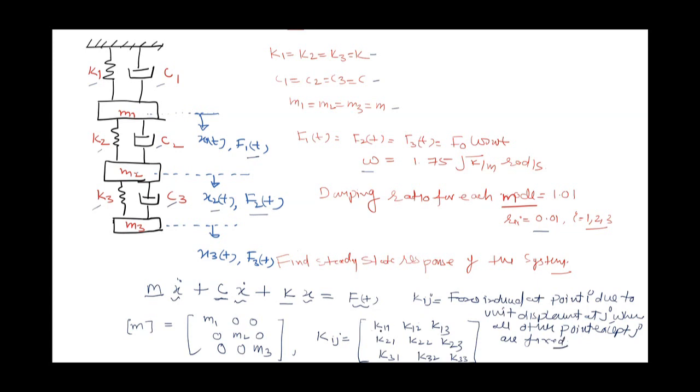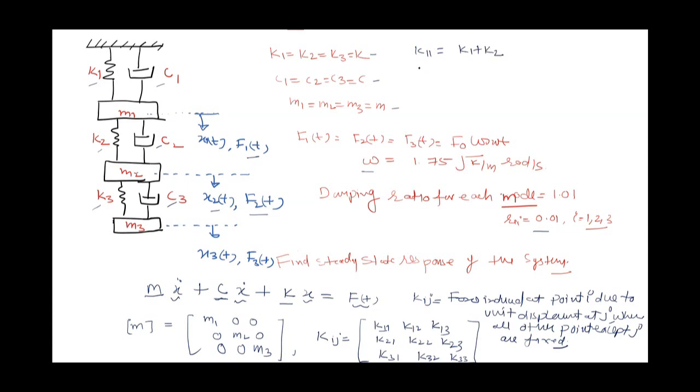So K11 means when point 1 is given unit displacement and all other points are fixed, the force is induced at point 1. If we give the unit displacement to this point and all other points are fixed, this m3 is fixed, then this will experience the force K1 multiplied by 1 and K2 multiplied by 1. So K11 equals K1 plus K2.